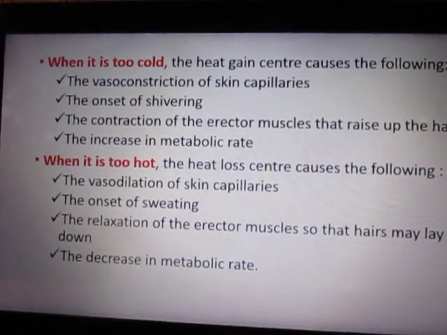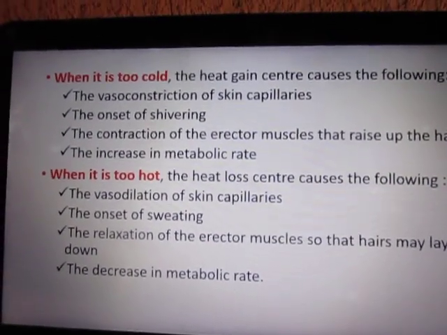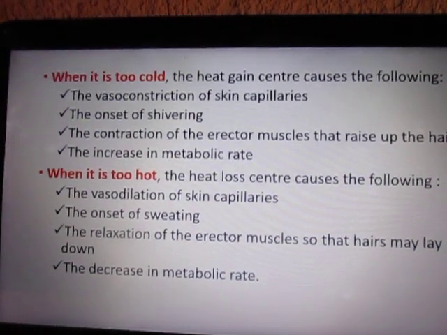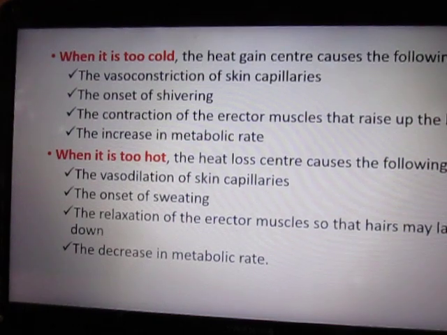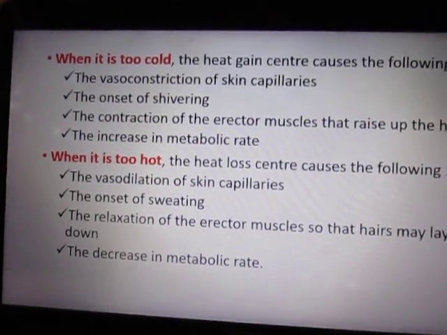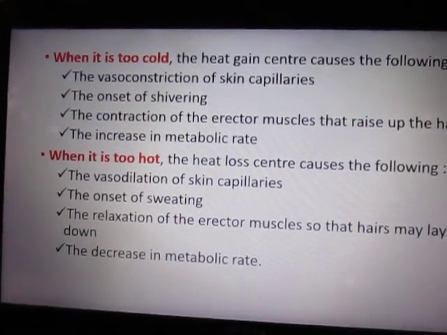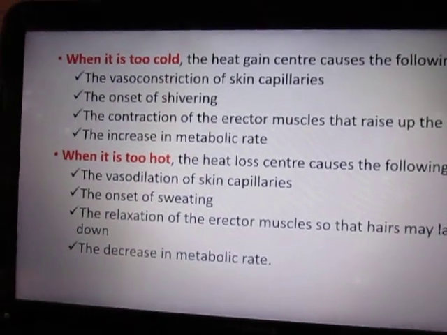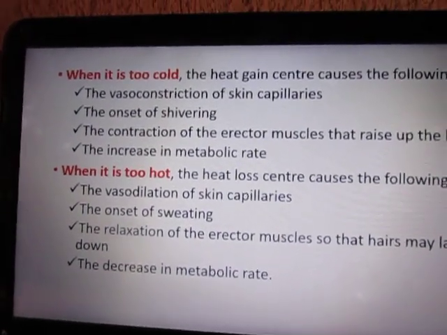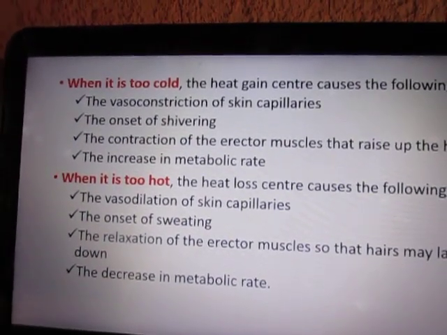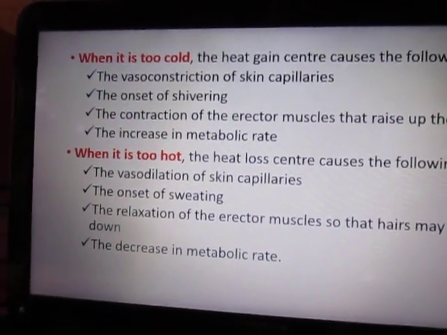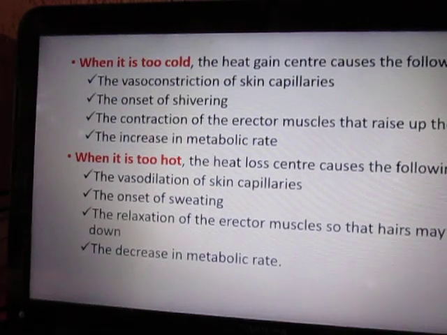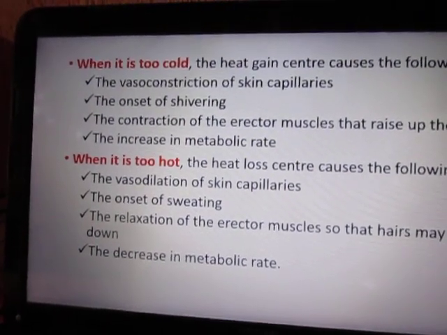That is not enough. You can realize it when it is too cold. If you don't have any jacket or blanket, what happens? The outcome is that you start shivering. Sometimes you see people shivering like puppies. That is in order to produce heat, to produce energy.